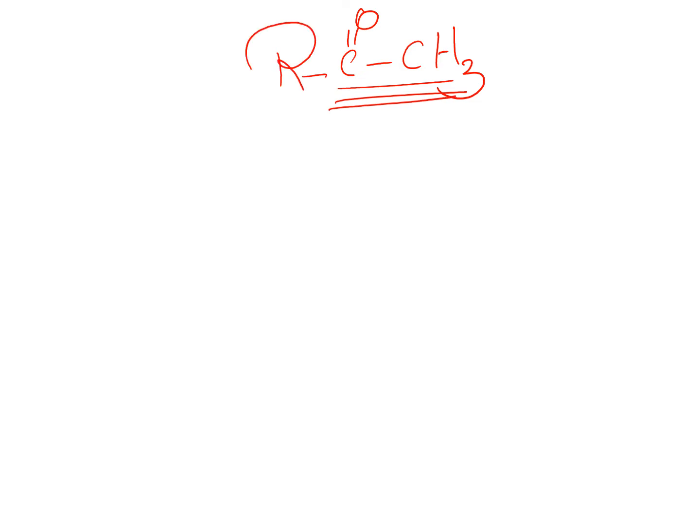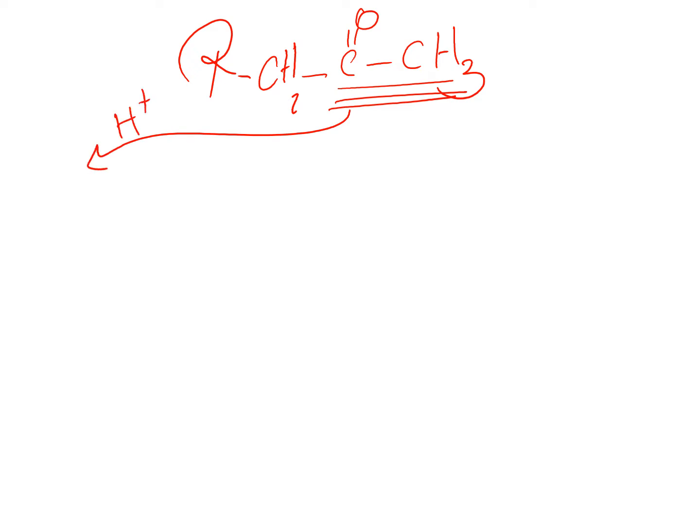So let's compare the acid catalyzed and the base catalyzed. You have your compound. For this reaction to proceed, you need to have a CH3 attached to a carbonyl group. If we run the acid halogenation, we will have a mono non-terminal halogenation.